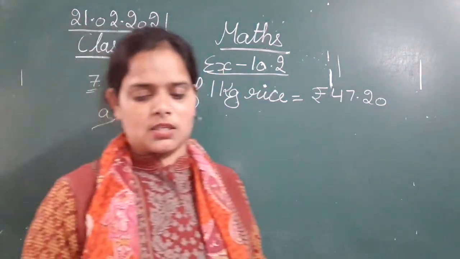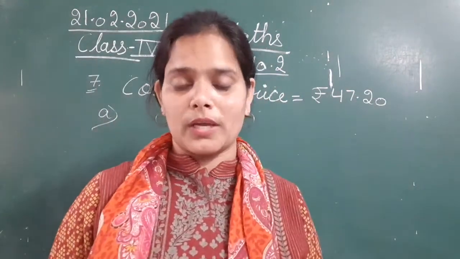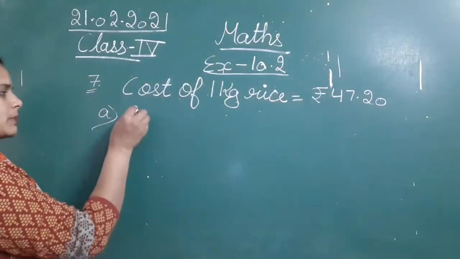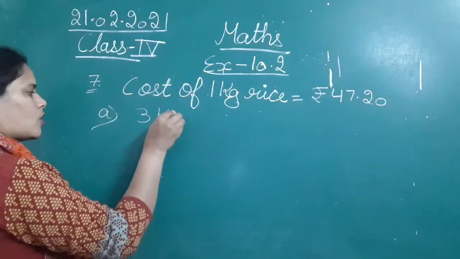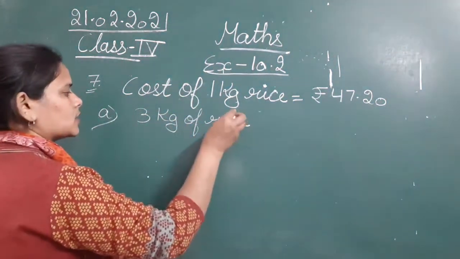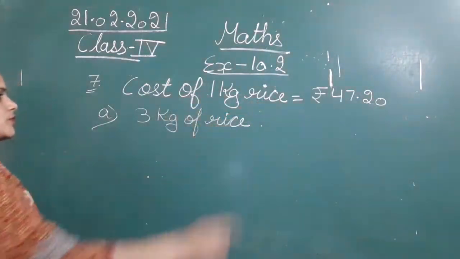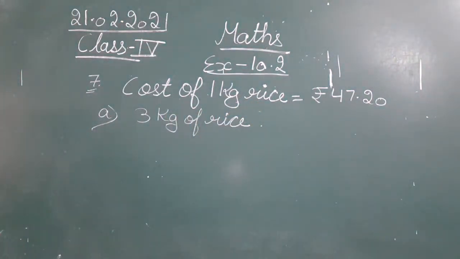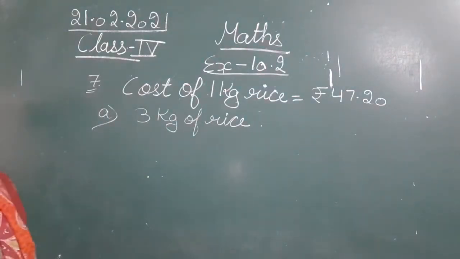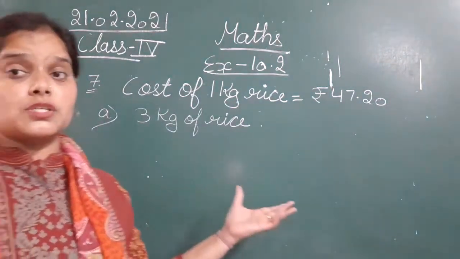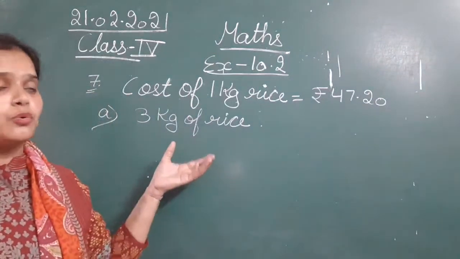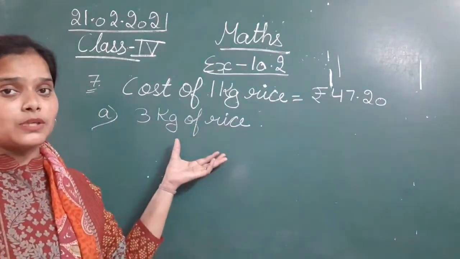In the A part we need to calculate the cost of 3 kg of rice. A part में हमें क्या निकालना है? The cost of 1 kg rice is 47 rupees and 20 paise, and now we need to calculate the cost of 3 kg rice. देखिए ये 1 की दी है, यहाँ पे 3 की निकालनी है. 1 की दी है, 3 की ज़्यादा होगी कि कम होगी उससे?